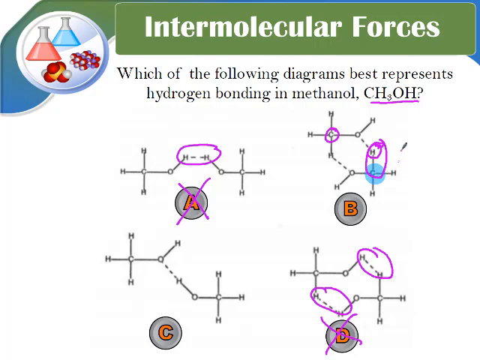The only place that methanol is polar is the O and the H area. So here we have a slightly negative O attracted to a slightly positive H. So C is our answer. So it's got to be an H attached to an N, O, or F, attracted to an N, O, or F. So here our H is attached to an O and it's attracted to an O. This H is attached to a C and it's attracted to an O. So that one wouldn't be a hydrogen bond.